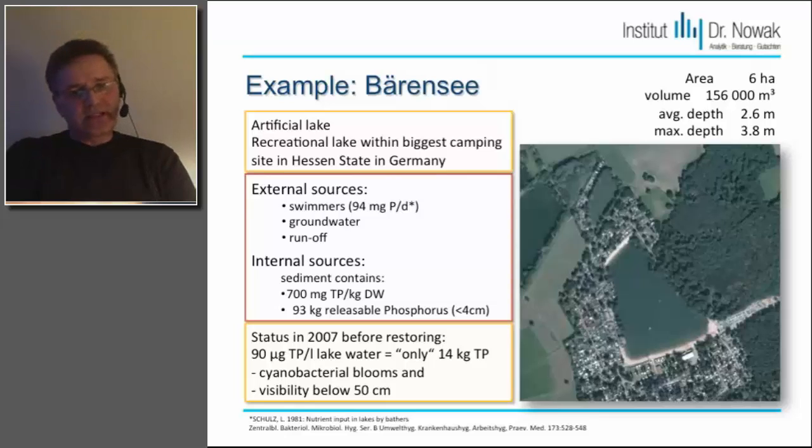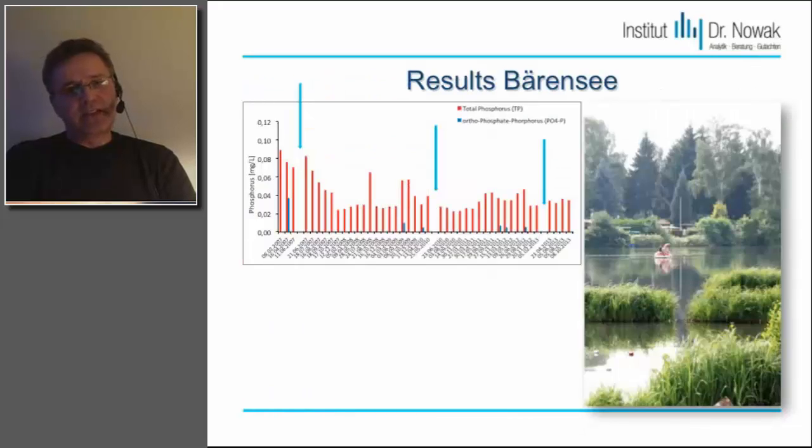The results of our application show that we have a nice reduction of phosphate and phosphorus. That's a different kind of measure that we did there. We had an initial dose of 11.5 tons of Phoslock, and we reduced the phosphorus concentration in the water body to 30 micrograms.